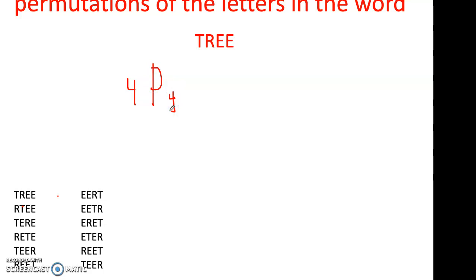We can't do 4P4 because it's going to give us too many options, because E and E swapped would give us the same solution. So if we did 4P4, just to show you, we would get 24 options. But when I listed all the options down here, we have 12.